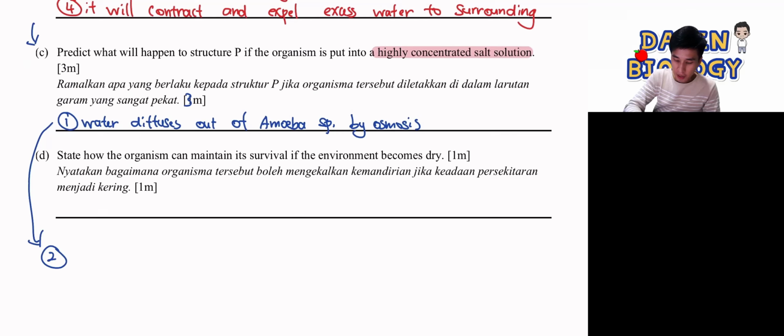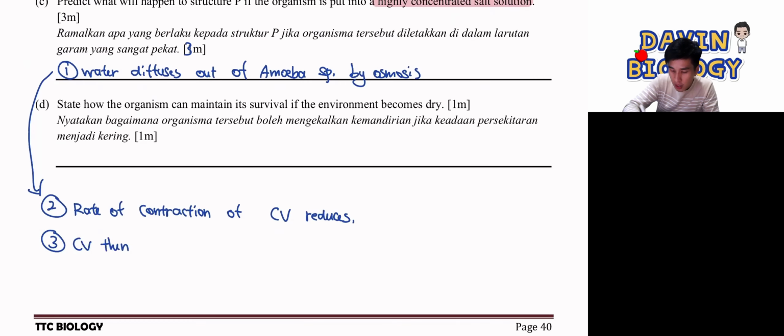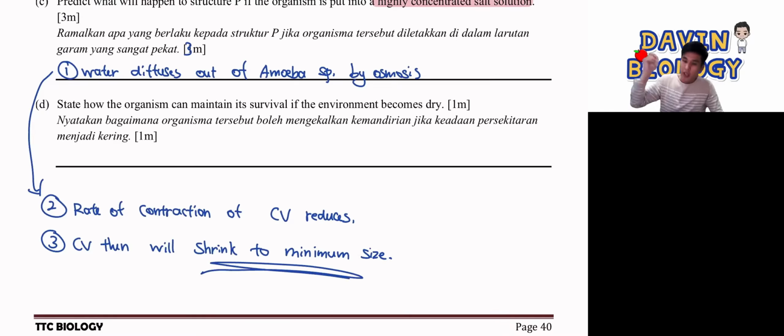Then you can say, therefore, the rate of contraction of your contractile vacuole, I write here CV, contractile vacuole, reduces. So you see, rate of contraction, and then eventually it will contract until minimum size because there's no water inside already. Contractile vacuole will then shrink to minimum size. So that's what will happen at the very end.